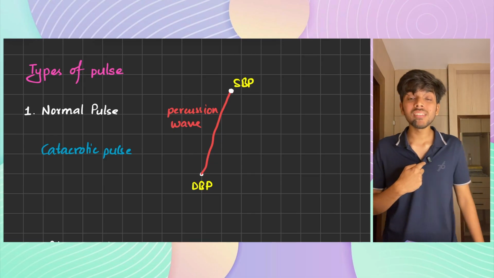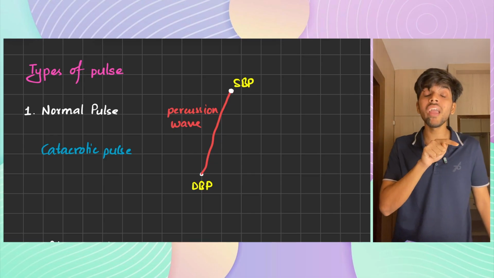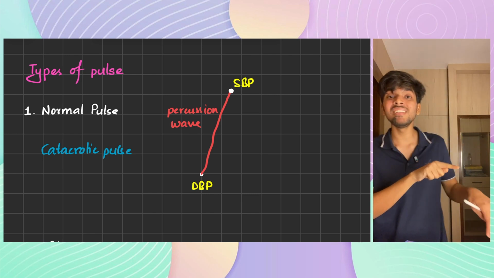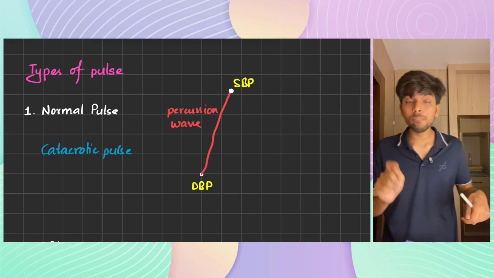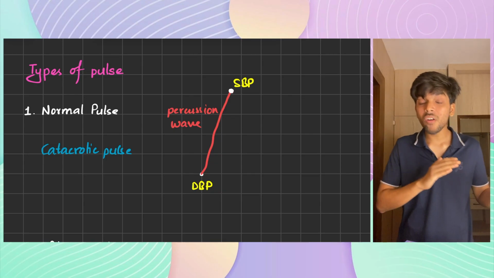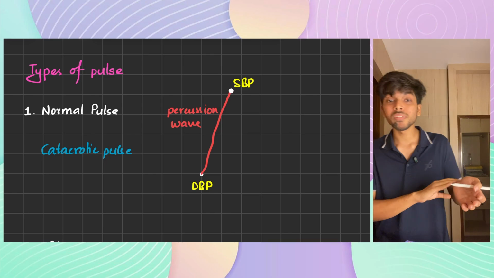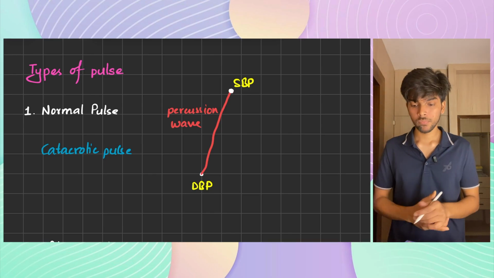Then this pressure increment travels throughout the arterial system along the wall of the aorta in the form of a pressure wave and reaches the periphery. The part of the pressure wave reaching the periphery is the percussion wave, because this part involves the increment of the pressure from diastolic to systolic blood pressure. So what you are feeling is the percussion wave.